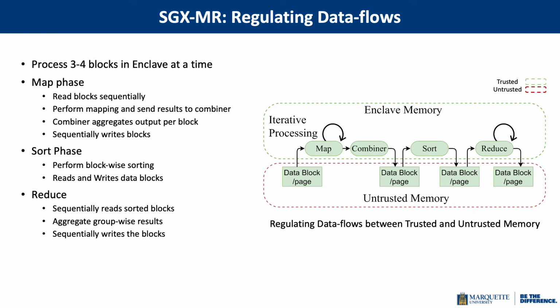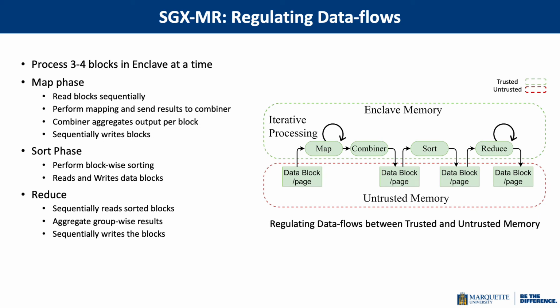In the figure, we can see how we are regulating the data flows of SGX-MR. It has basically three main phases: the map phase, the sort phase, and the reduce phase. In the map phase, it reads the blocks sequentially, performs the mapping task, and sends the result to the combiner. When the combiner receives the data, it aggregates the output of the map and sequentially writes the blocks to the untrusted memory.